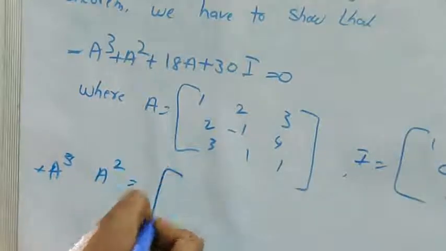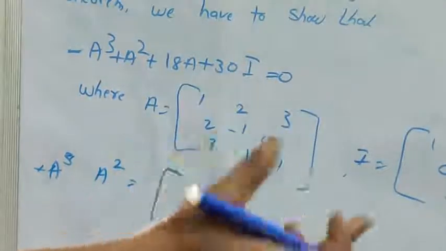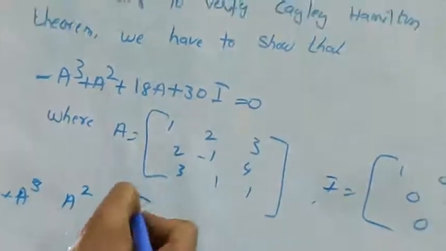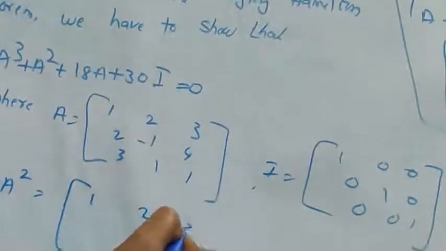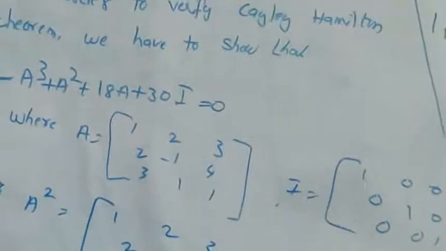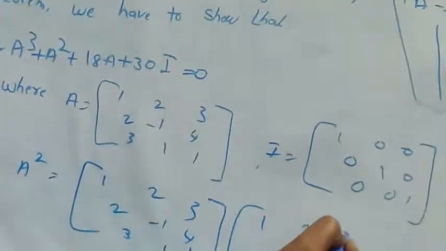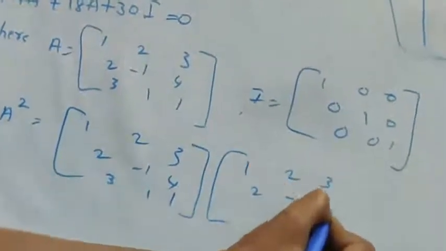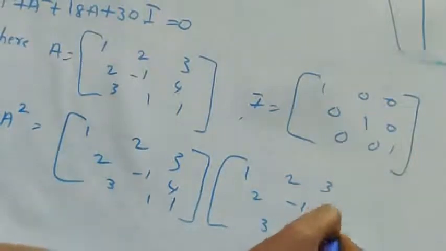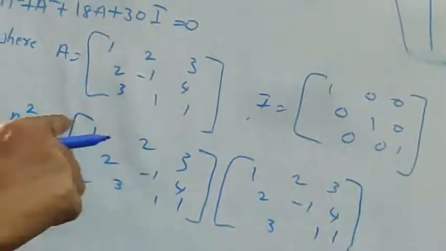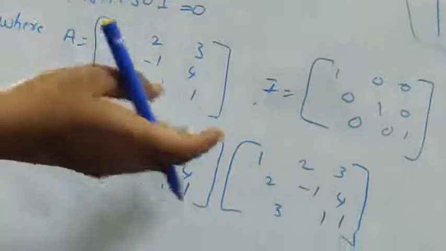A square is A into A. So what is A? 1, 2, 3; 2, minus 1, 4; 3, 1, 1. Again I am going to consider 1, 2, 3; 2, minus 1, 4; 3, 1, 1. Now multiply row into column.